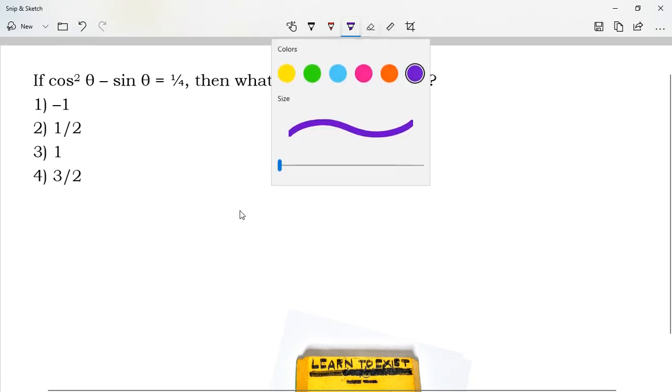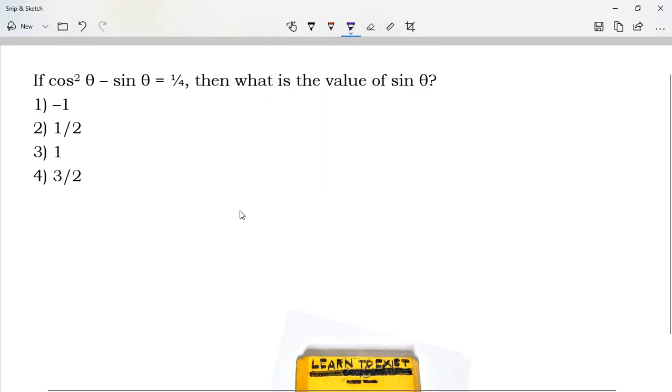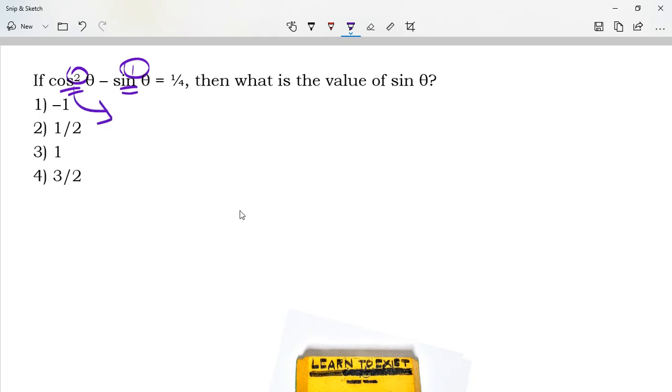And if you are going to do the regular method, we have two trigonometric functions and one has a degree 2 and one has a degree 1. Okay, so it is always easy to convert the one with the degree 2 into the other term. Okay, cos square theta is 1 minus sine square theta.